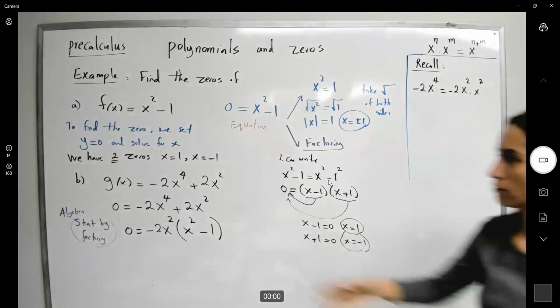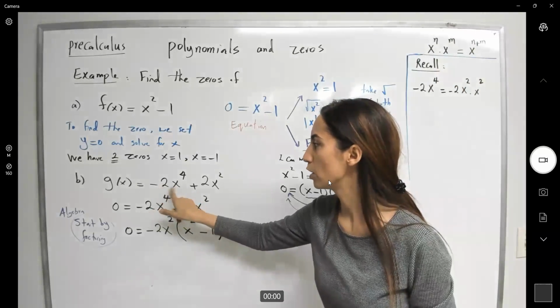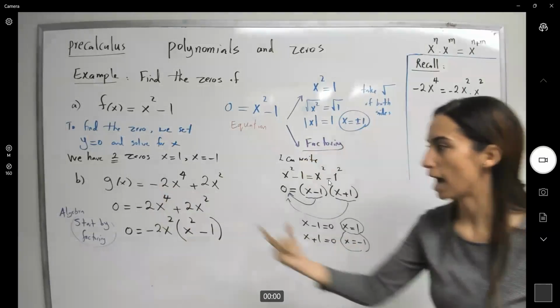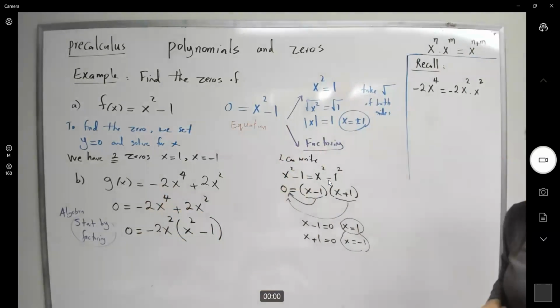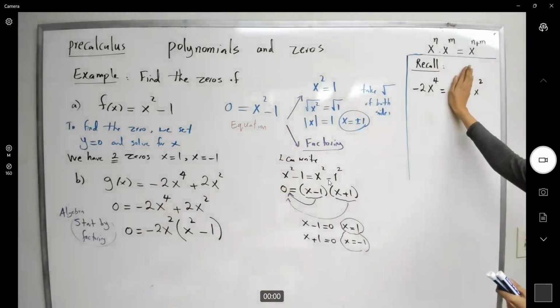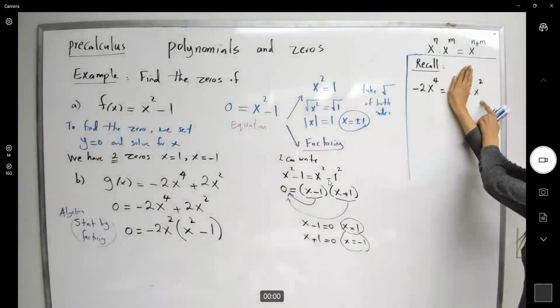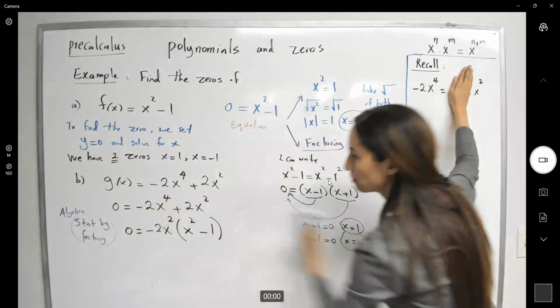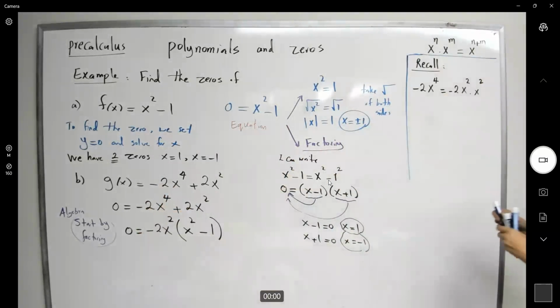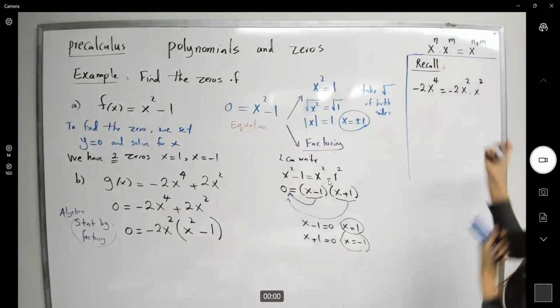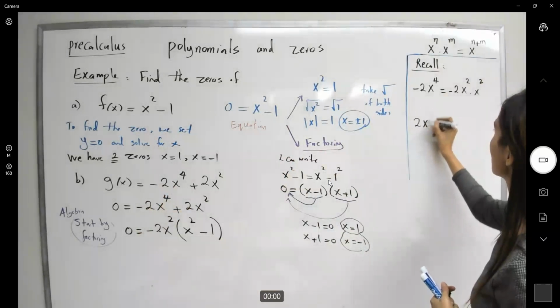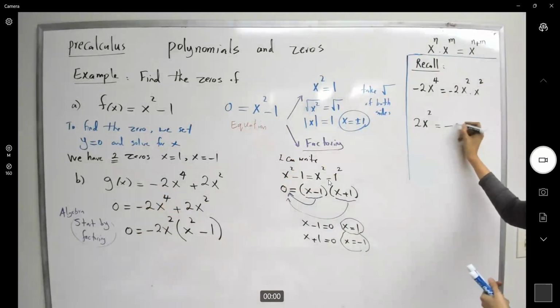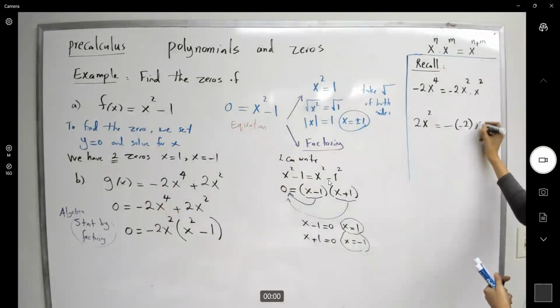Well, so when I factor out negative 2x squared out of negative 2x to the fourth, I'm taking away negative 2x squared. What's left? X squared is left. Now, 2x squared can be written as minus negative 2x squared.